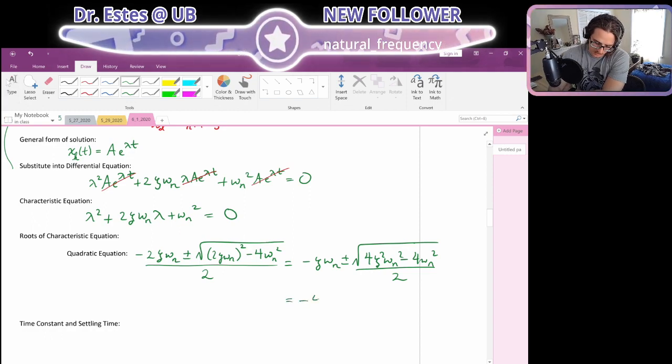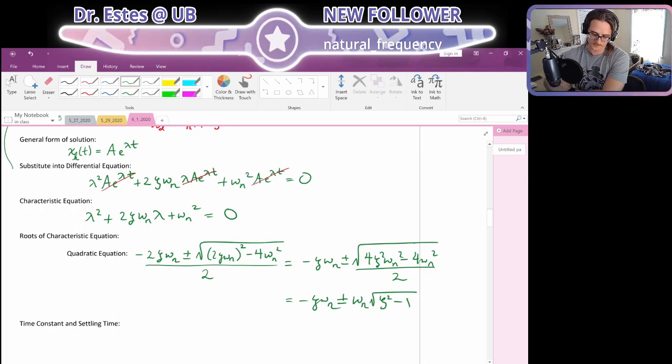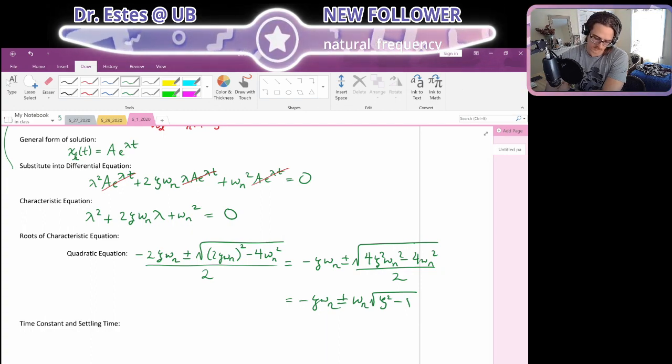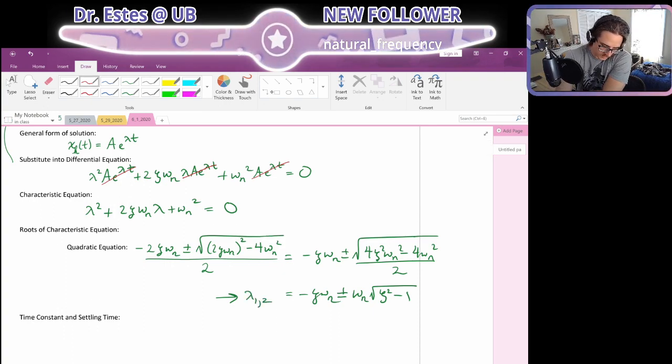And if you simplify this, plus or minus omega n square root zeta squared minus 1. So these are the two roots.